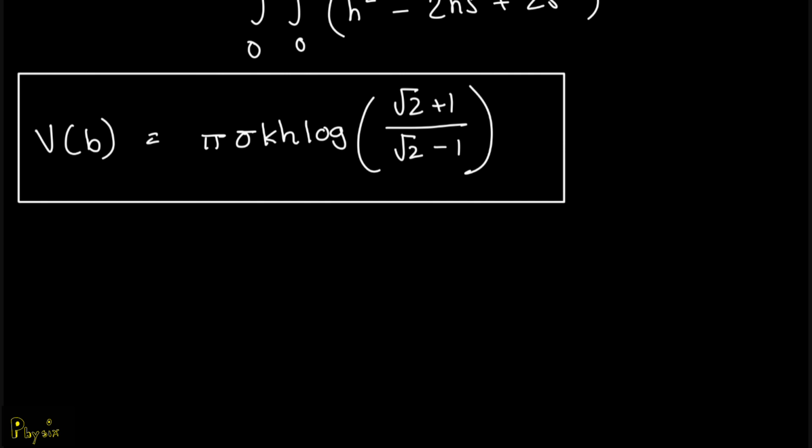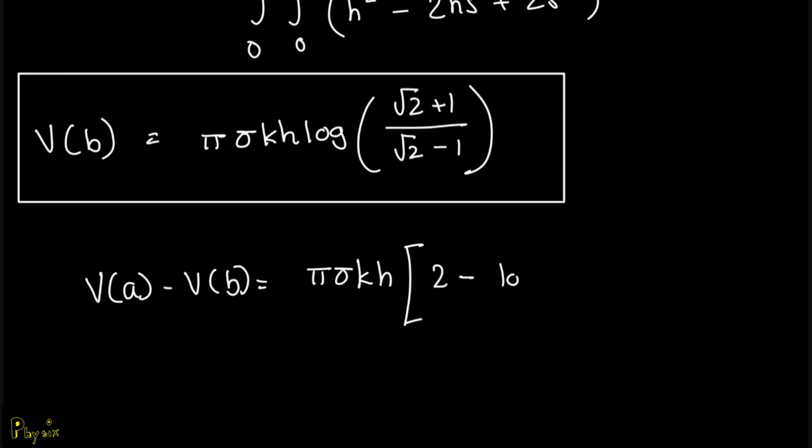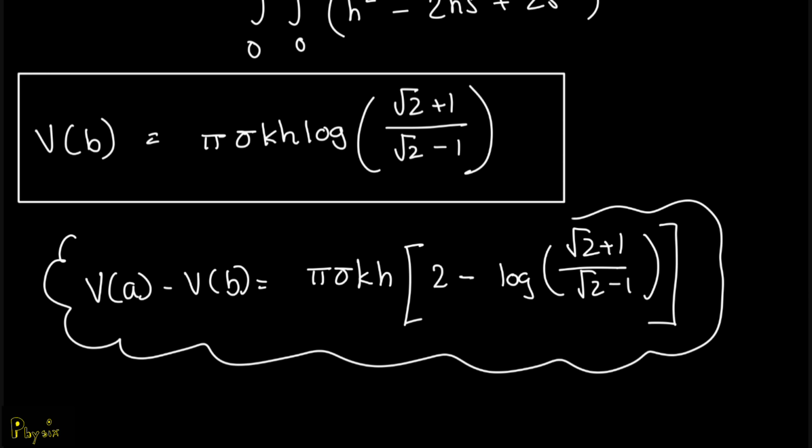But finally, if you want to find out the potential difference VA minus VB, you get that VA minus VB is basically pi sigma k h times 2 minus log of (square root of 2 plus 1) over (square root of 2 minus 1). And this is the potential difference across the two points. So that's all.